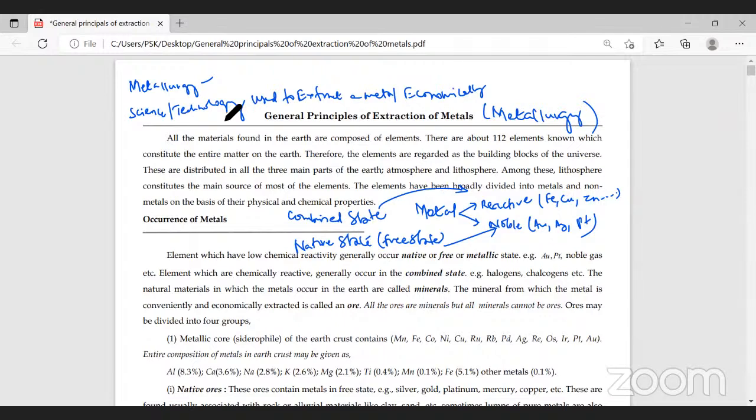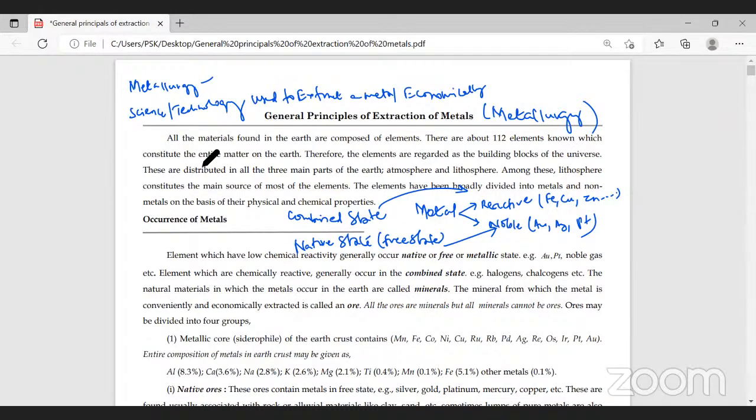Now, metallurgy, as we understood the definition, is a science, a technology, a procedure used to extract a metal economically. We have two types of metals: reactive metals, which always exist in the combined state, and noble metals, which exist in free state.